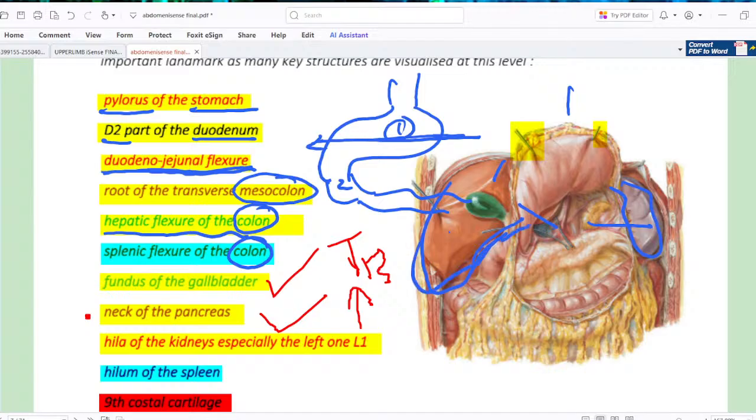Pylorus of the stomach is at the duodenal flexure, the hepatic flexure of the colon, splenic flexure of the colon, and root of the transverse mesocolon.